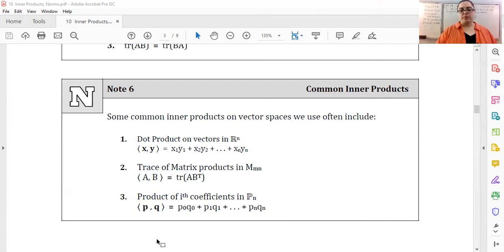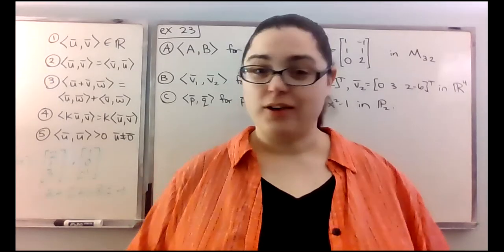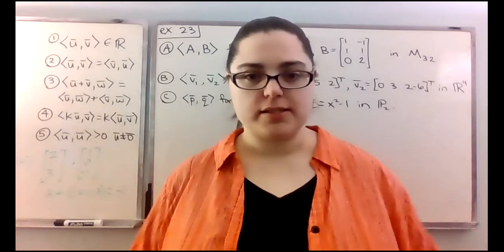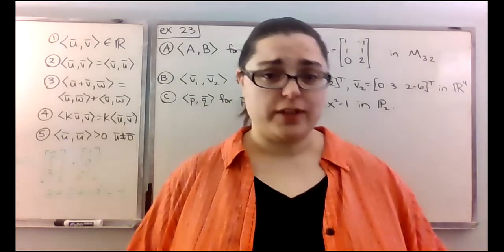So let's do a couple examples of this together on the board. Alrighty, so we have 3 common inner products from that last note, and we're going to do an example of each one.